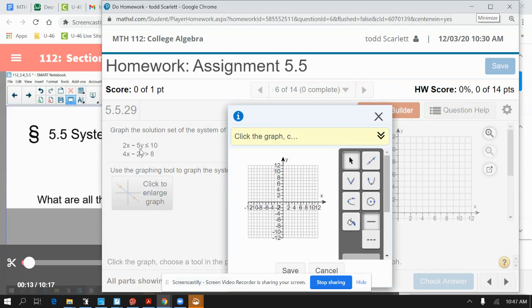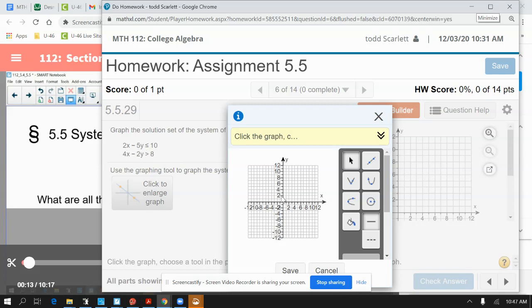And the best way, I could solve for y here, but you could also just find the intercepts, which might be easier here, because 2 and 5 both go into 10 nicely. If I let x equal 0, I could solve for y. Y would have to be -2. And that's the y-intercept. If x is 0, y is -2.